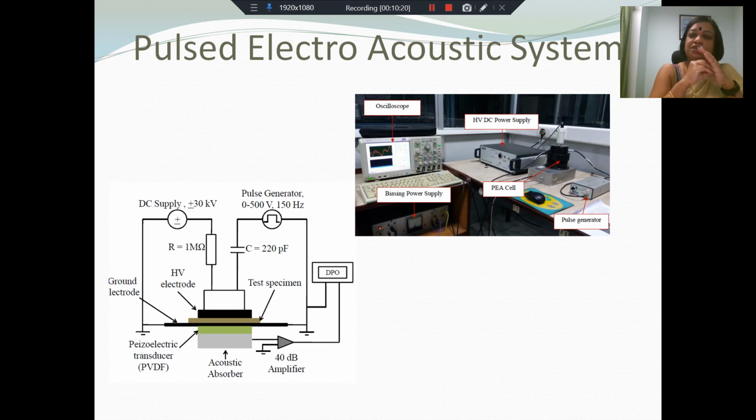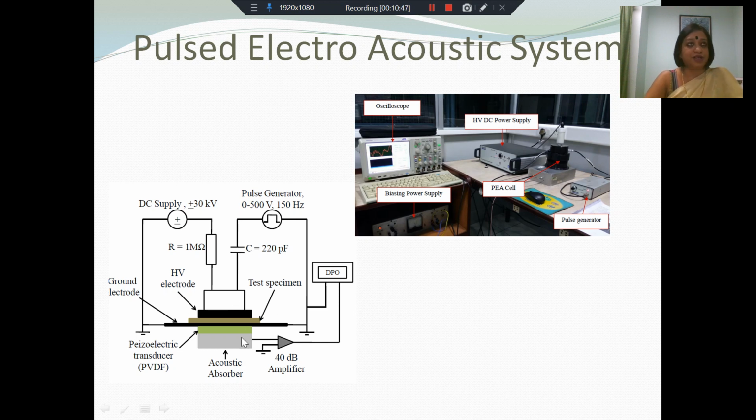It does not only tell us how much space charge accumulation takes place, the magnitude of the space charge. It also gives us information about the location of the space charge. In fact, you can obtain a one-dimensional map of the space charge within the thickness of the sample. So you will know how exactly the space charge is distributed along the thickness of the sample.